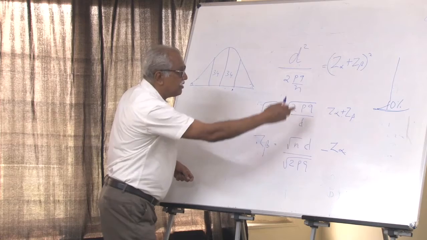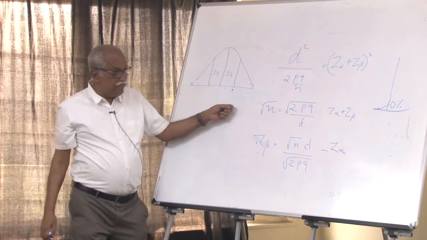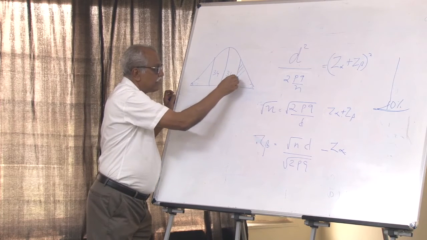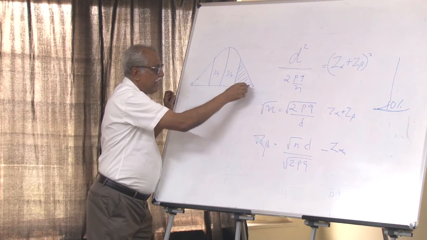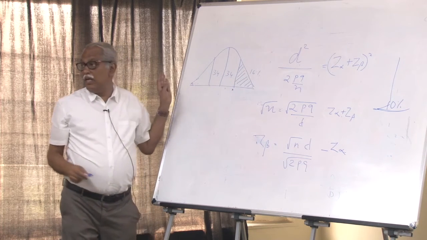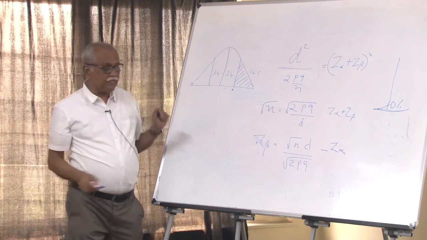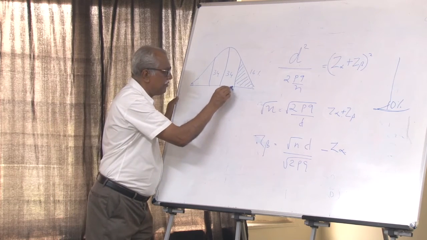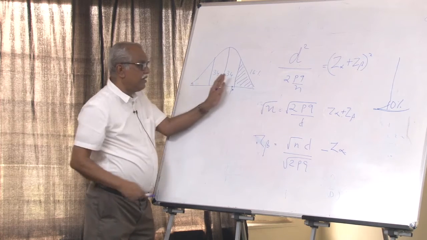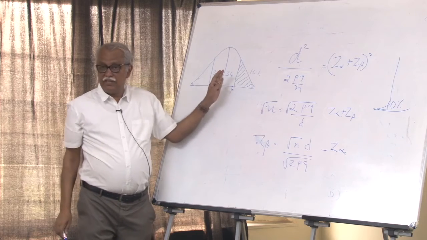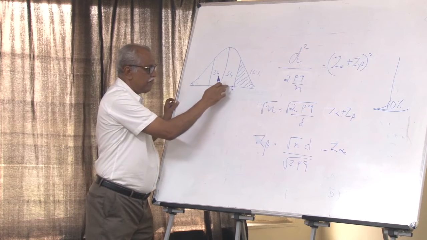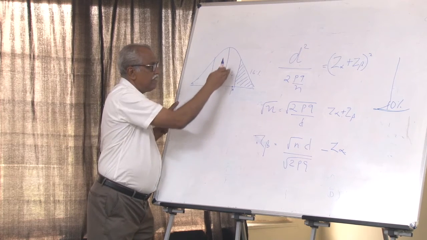That is beta is 1. And if it is 1, this part of it, the area is 16%. So the remaining will be 84%. 0.84 comes here. If you get 0.84, that area would be 20%. This will be 80%. So you can look at the table and fix your point and then ask the question, how much is beyond, how much is this side?